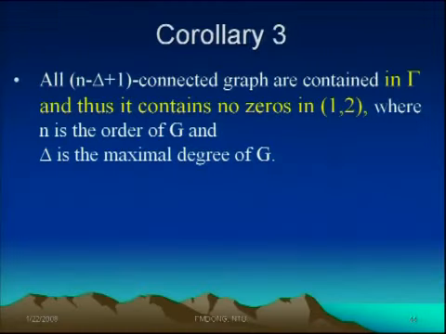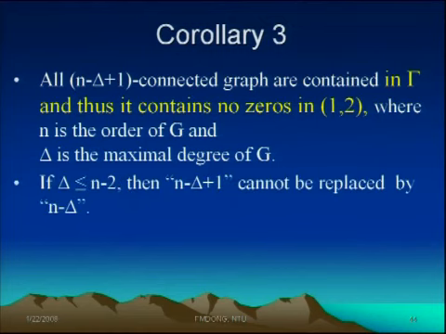And a corollary about connectivity. Every graph that is (n minus delta plus 1)-connected is in gamma. Here delta is the minimum degree and n is the order. And the result is the best possible.